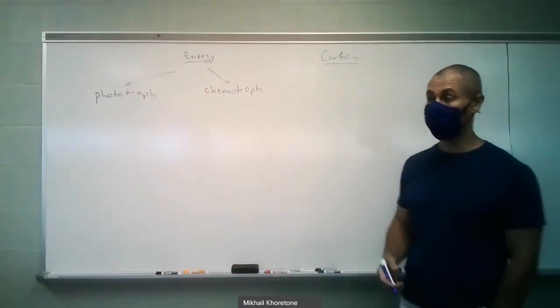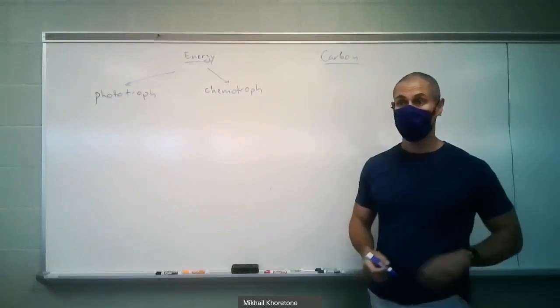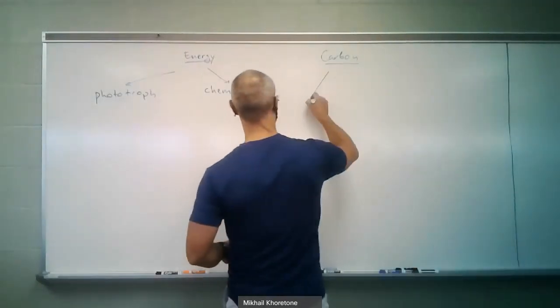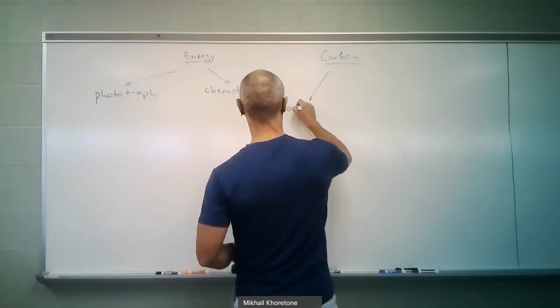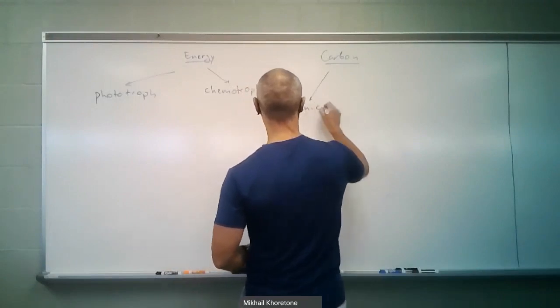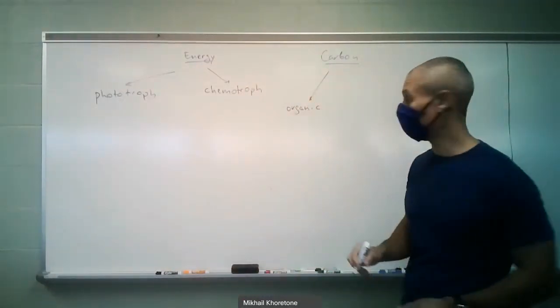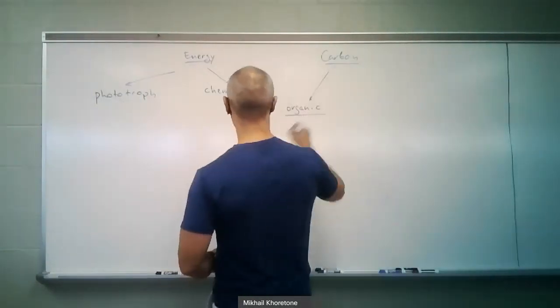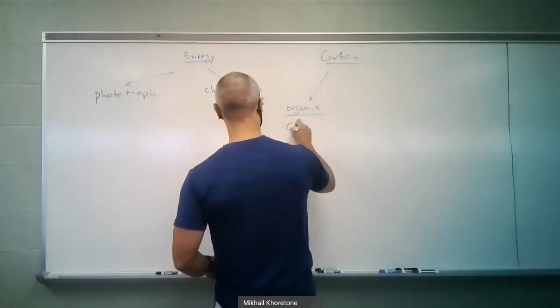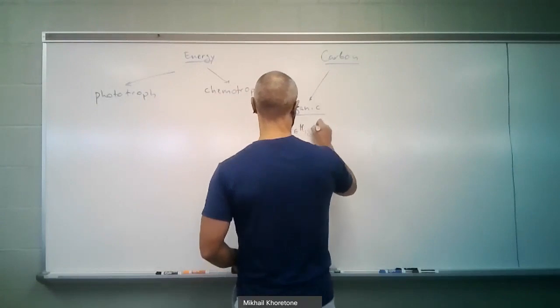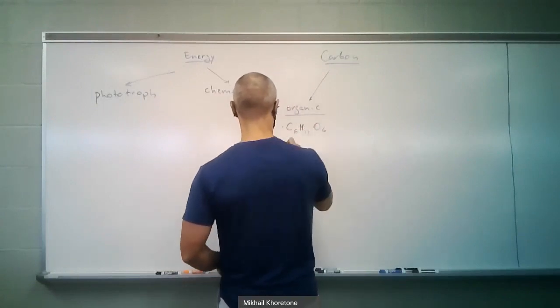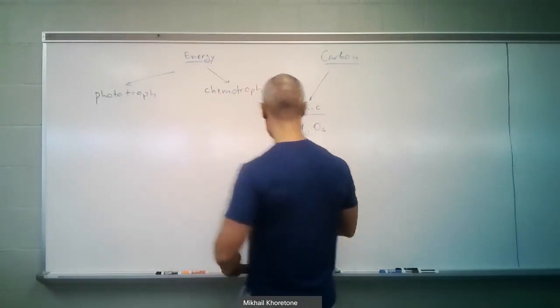Now, what about carbon? Two sources for carbon can be an organic source, right? An example of organic carbon would be, for instance, glucose or methane.